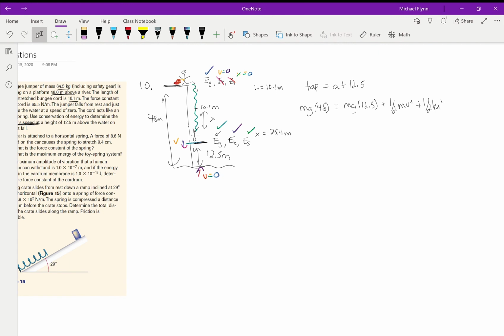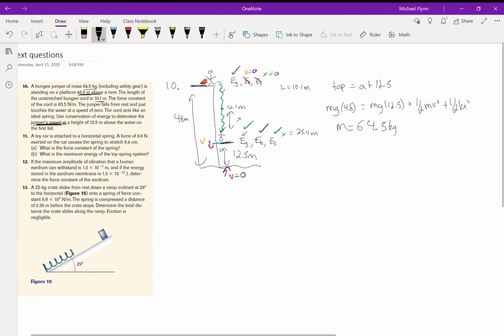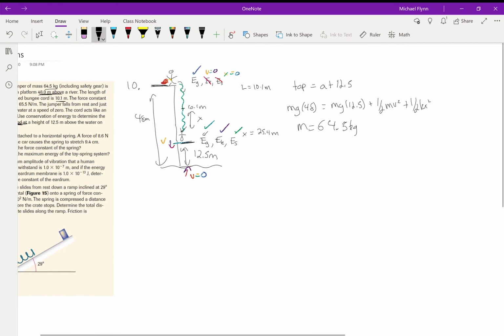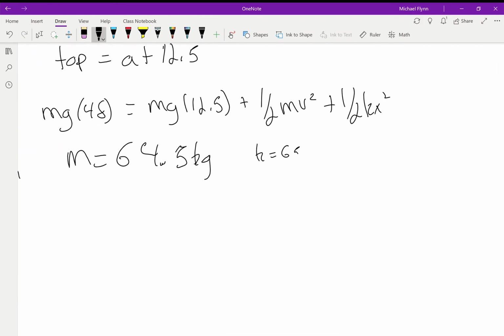Yeah, so the mass is 64.5, pardon me, 64.5 kilograms. K is 65.5 Newtons per meter.